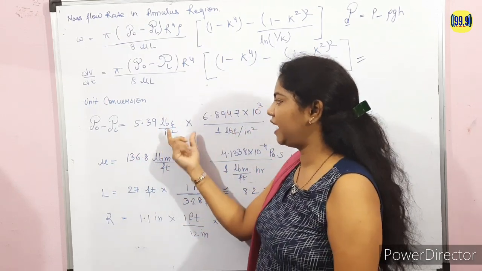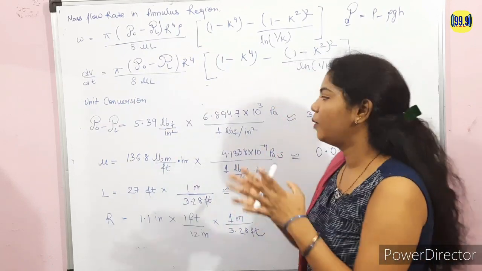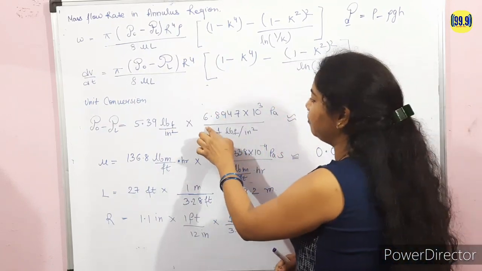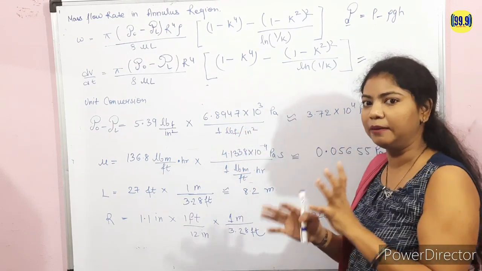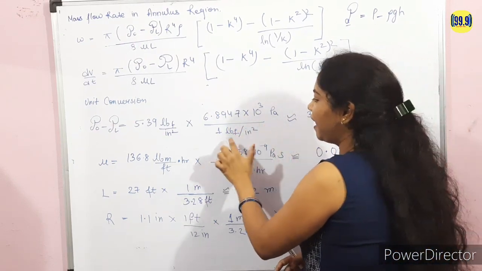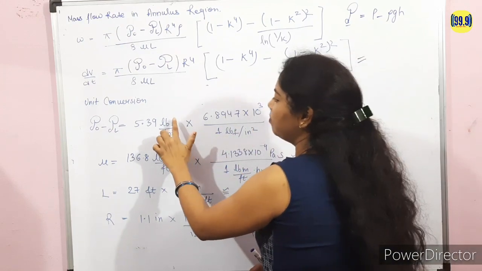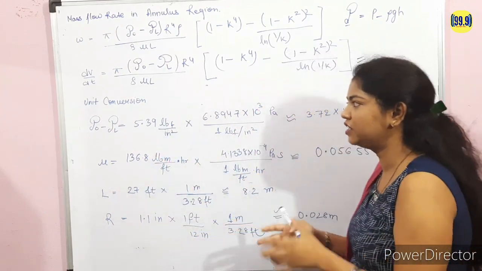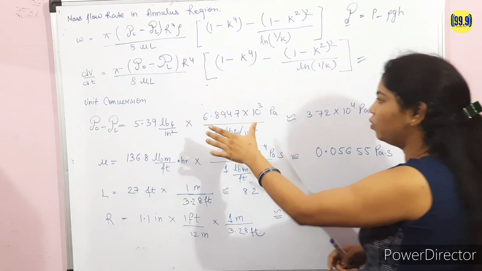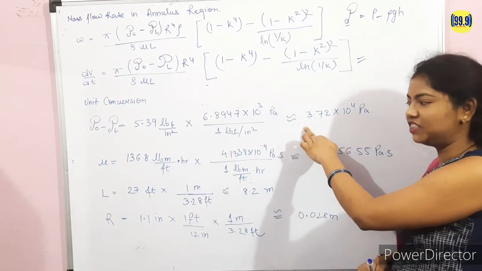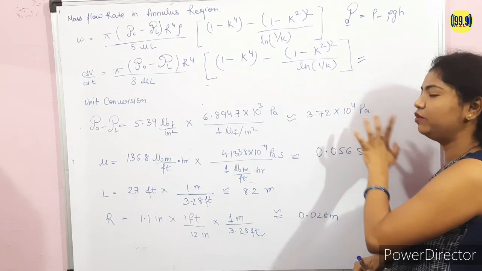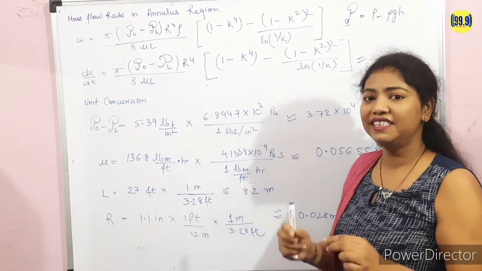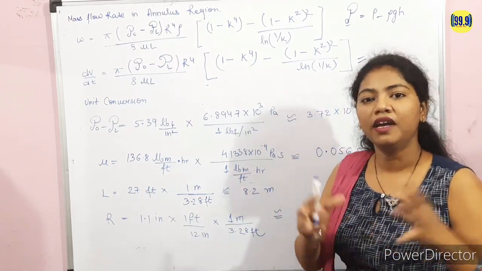We convert lbf into Pascal by simply multiplying it by 6.8947 into 10 to the power 3 Pascal. So this lbf per inch cancels with that lbf per inch, and after multiplying the whole term we get the pressure in Pascal form, that is 3.72 into 10 to the power 4 Pascal. That is the SI unit of the pressure.